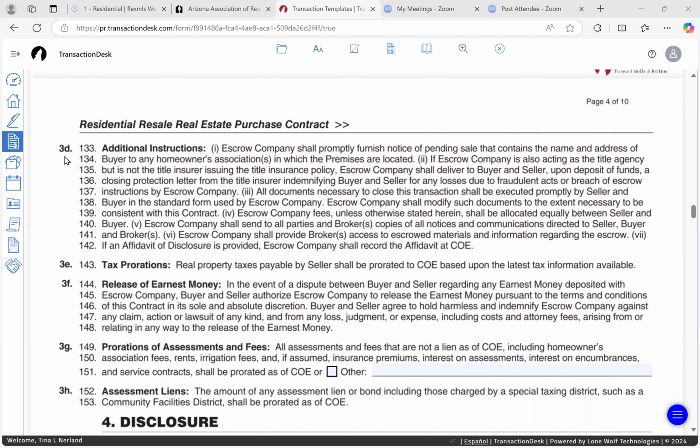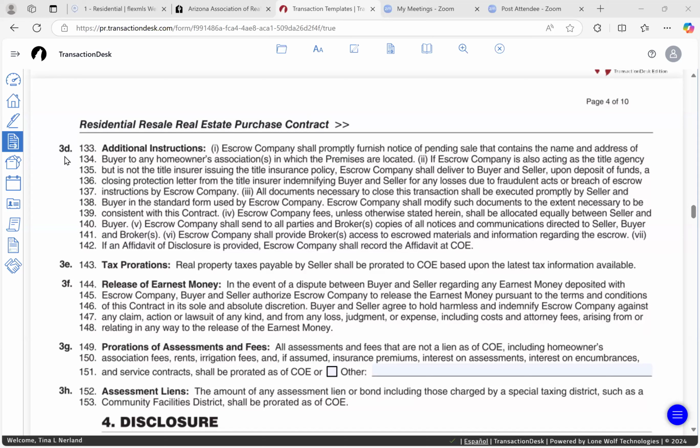Page 4, additional instructions. Escrow company shall promptly furnish notice of pending sale that contains the name and address of the buyer to any homeowners association in which the premises are located. If escrow company is also acting as a title agency, but is not the title insurer issuing the title insurance policy, escrow company shall deliver to buyer and seller, upon deposit of funds, a closing protection letter from the title insurer indemnifying buyer and seller for any losses due to fraudulent acts or breach of escrow instructions by the escrow company.